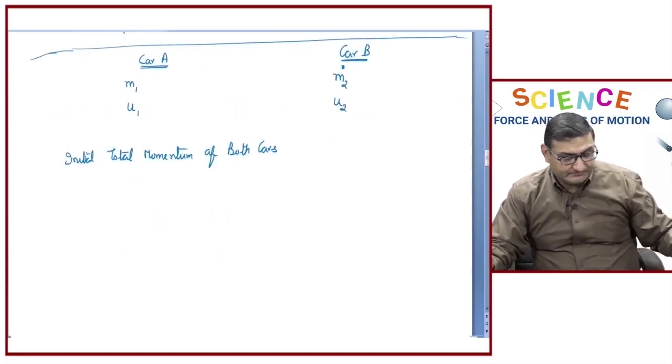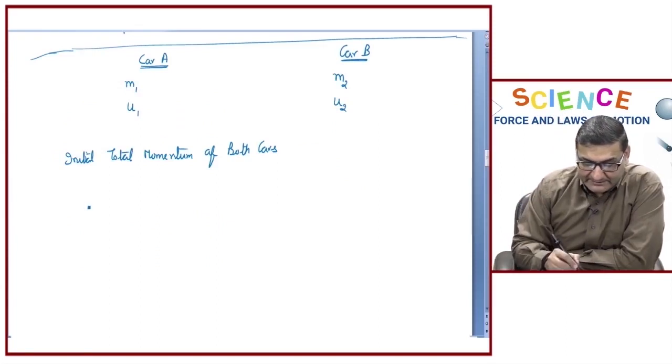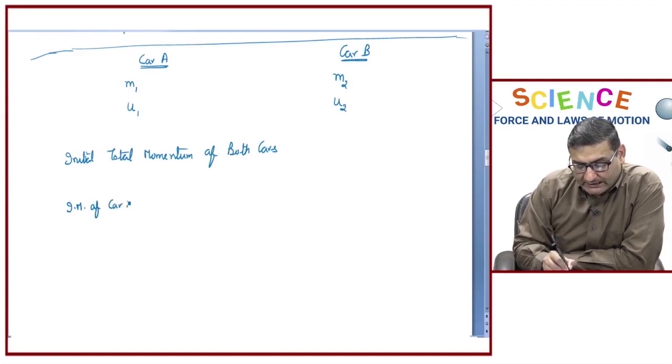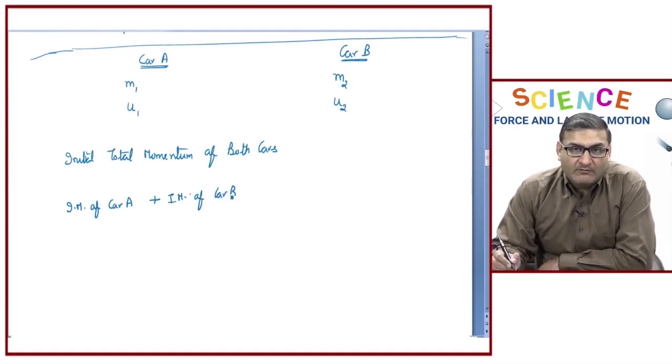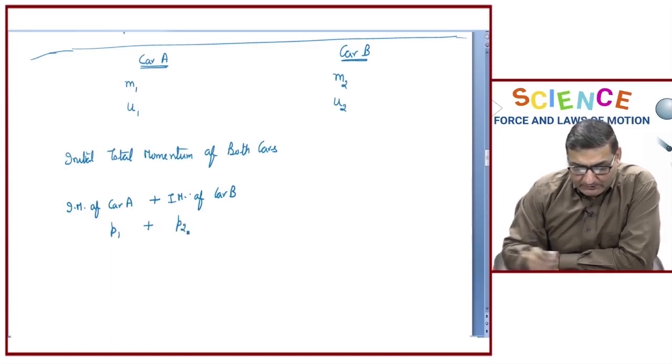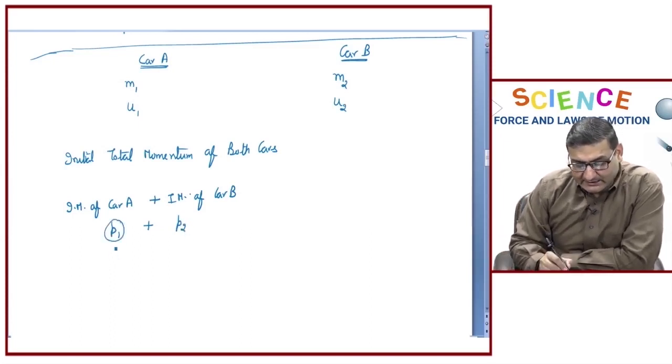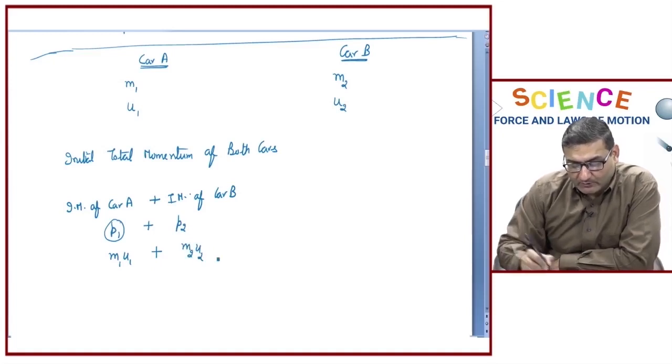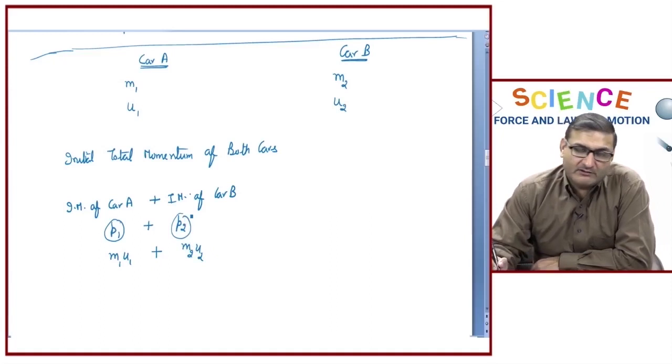It simply means that I'll be taking the initial momentum of car A plus the initial momentum of car B. The initial momentum of car A will be P1, plus the initial momentum of car B, let it be P2. Now, this P1 is equal to m1 into u1, plus the initial momentum of car B will be m2 into u2, because momentum is mass into velocity.